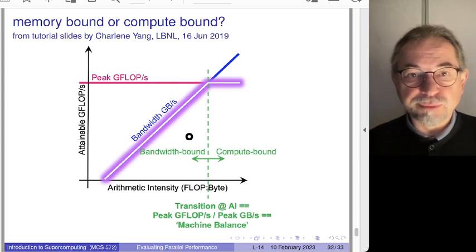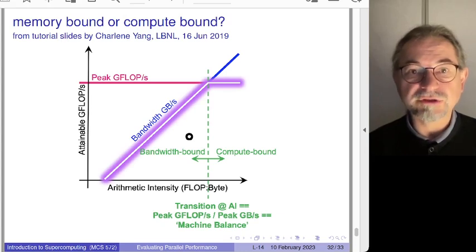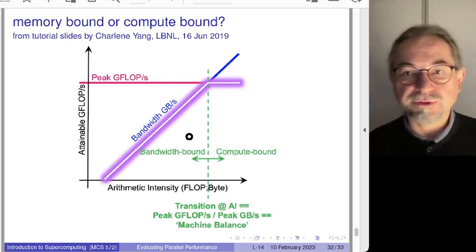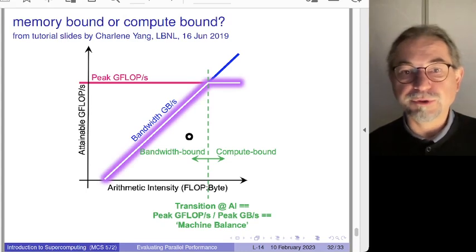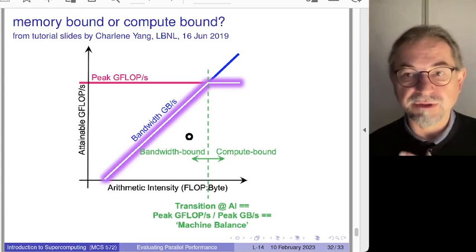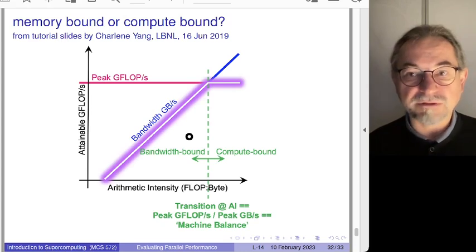So this is a very important conceptual tool to examine the type of your computation. And there are also tools that will help you make these plots. So if you have a run of a computation, you can see whether your computation is memory bound, whether you would benefit from faster memory, or whether your computation is compute bound, whether you can really utilize the fast processors and the many cores on your processor.